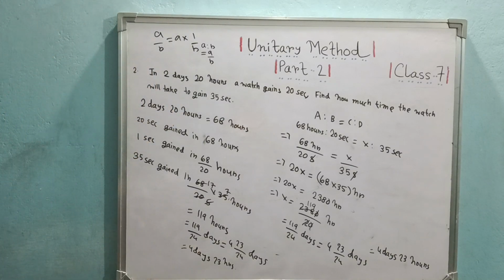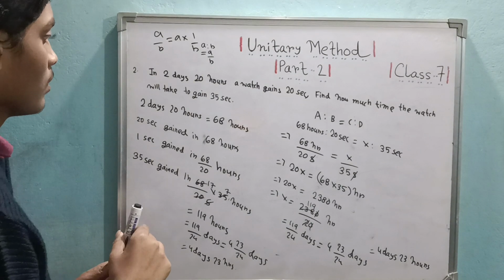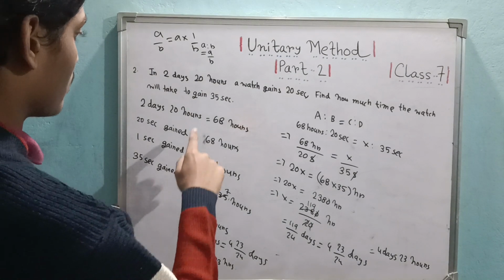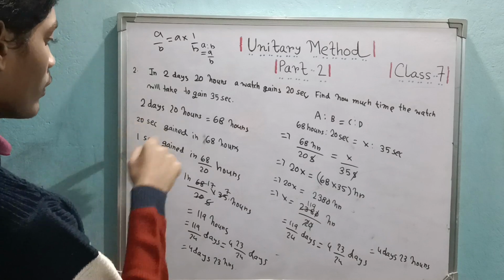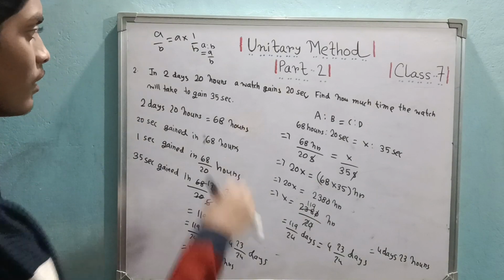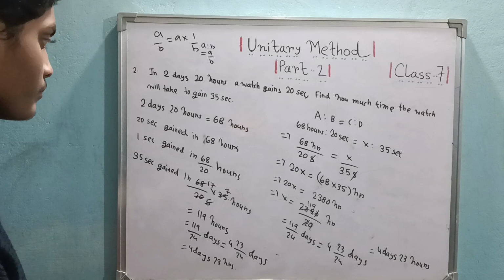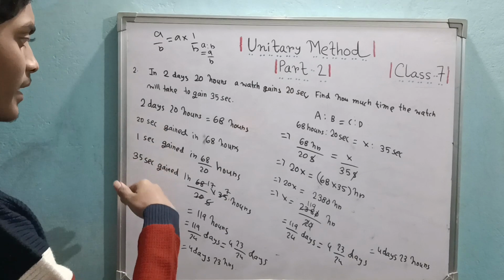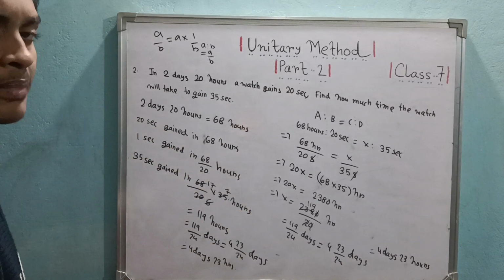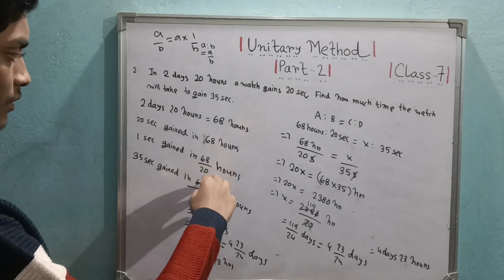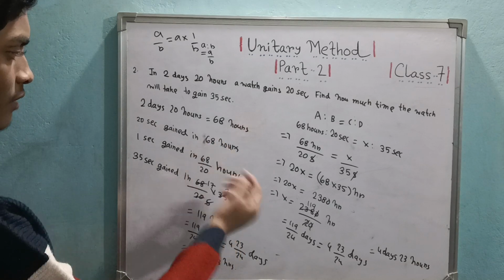Coming back to the unitary method, let's see that. So 20 seconds is gained in 68 hours, first statement. Then for 1 second, less time will be gained in less time period. So when we are decreasing, we are dividing 68 by 20 hours.